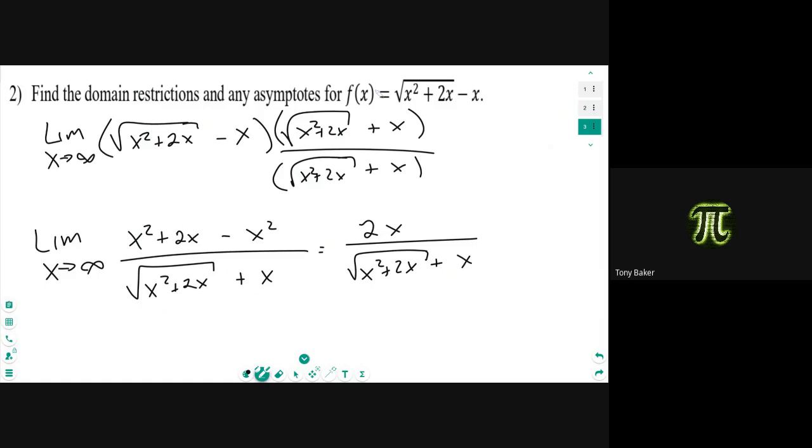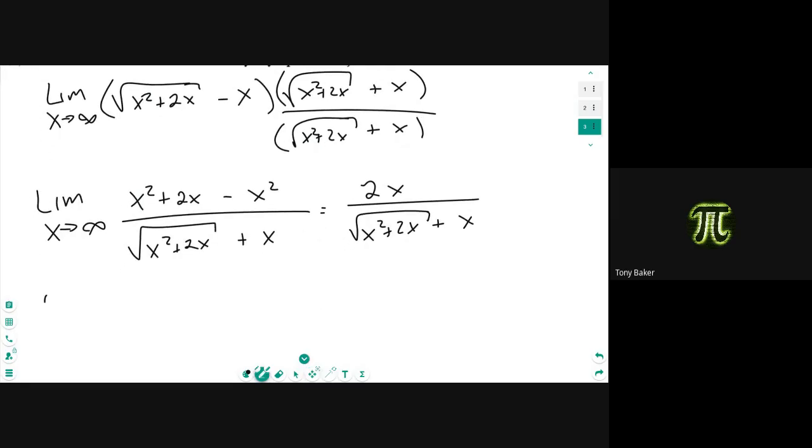Okay. What am I doing now? Can I do it? So I have this limit now. We could.